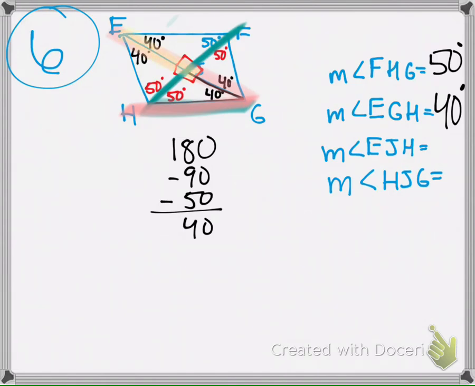So that's one of those angles in the middle. We talked about those are all 90. And the last one, HJG. HJG is also 90, right? Yes.